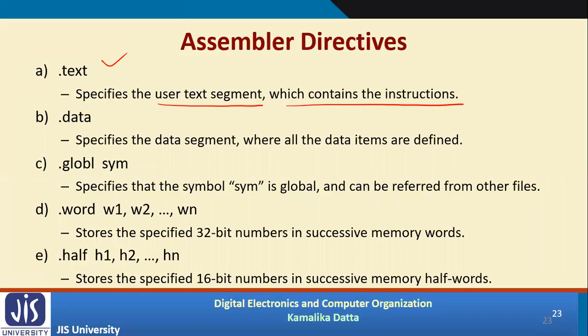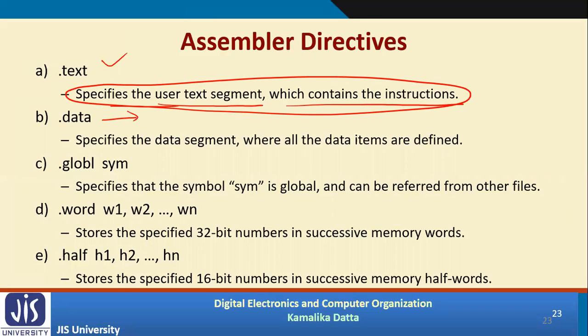Whatever instructions, like if I need to add 2 numbers, will be stored here in the text. And in the data section, we specify the data segment. If we need certain data from the memory, those things need to be specified.